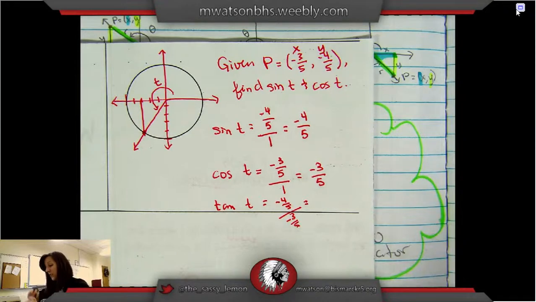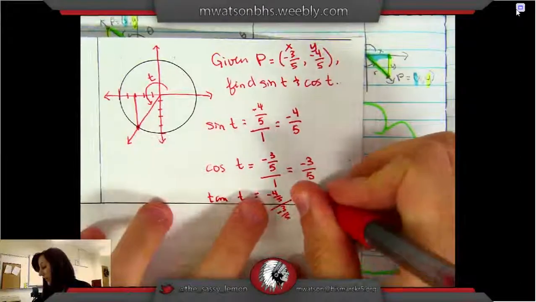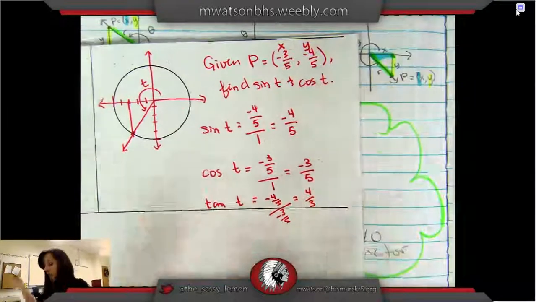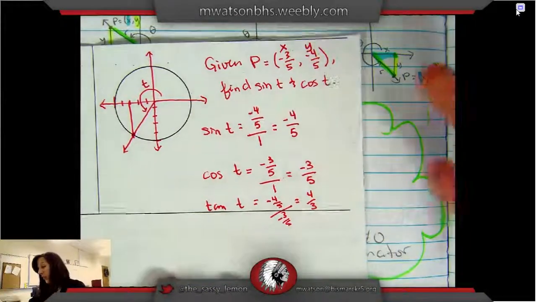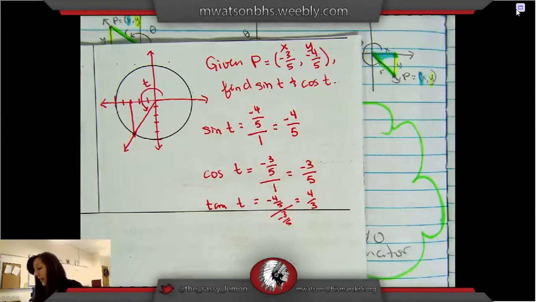Now, hopefully you guys are starting to notice that when you have complex fractions, you can just flip it over with tangent and the hypotenuses are going to cancel. So it comes to 4/3. If you don't understand that, you can go ahead and write in the middle step, but I'm not going to. So that's what tangent is. Nothing too profound there. Okay?